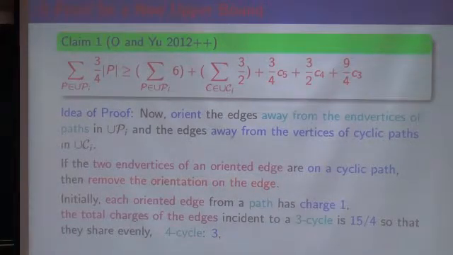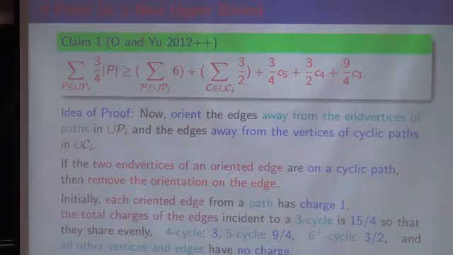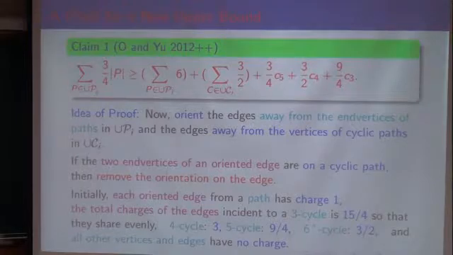Similarly, for 4-cycles, 3 over 2, 3 over 2, that's 3. And for 5-cycles, if you add these 2, the charge per cycle is just 3 over 2. Okay? And we do not give any charge on the other vertices and the other edges. Okay?